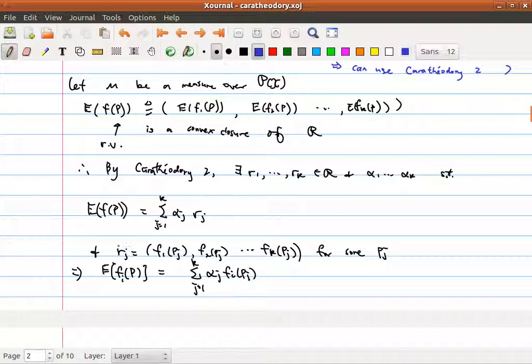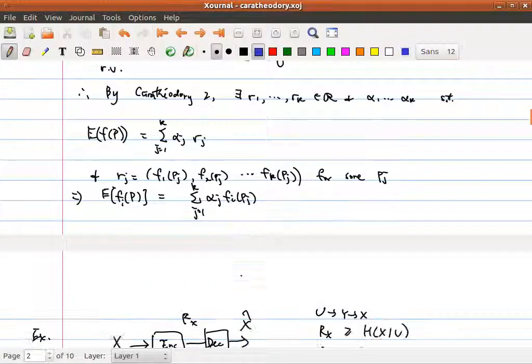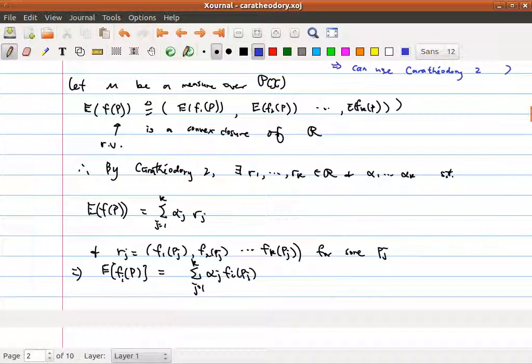For example, the j-th point will be f_1(p_j), f_2(p_j), and so on, f_k(p_j). And immediately we will have the expectation of f_i(p) equal to the convex combination of f_i(p_j). And that's the proof basically.